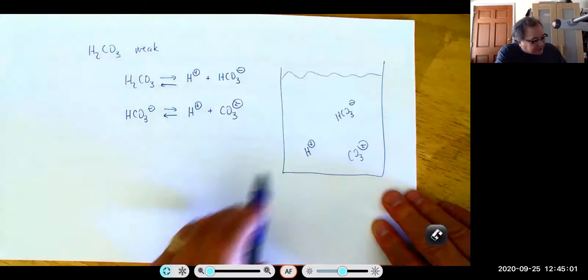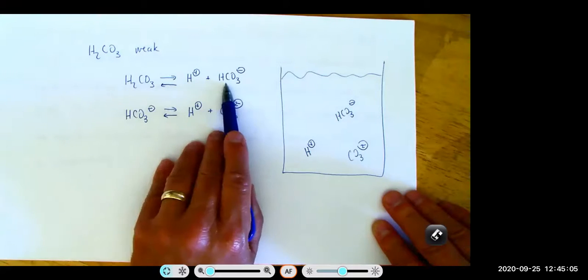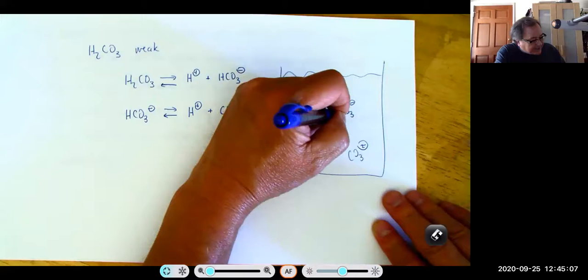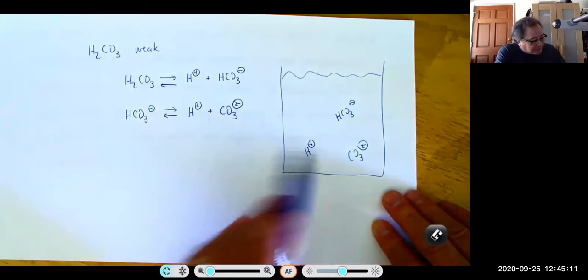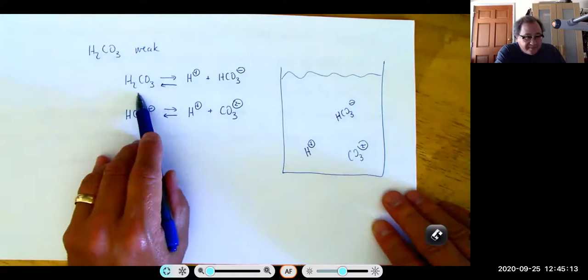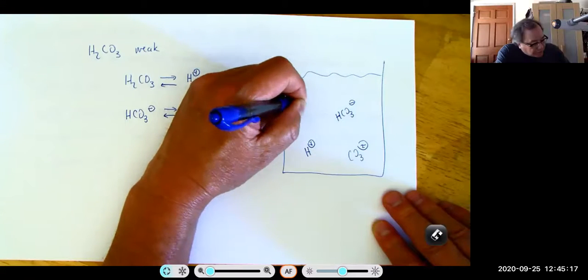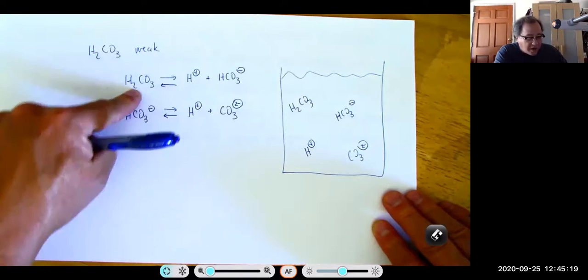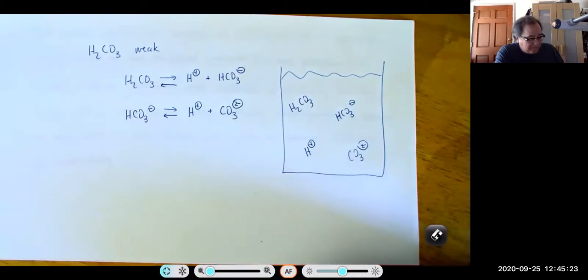Do we see any of this? Yes, and we already have it written down. Do we see any of this? We should. That's right. So when you put this into water, you see 4 different things here.